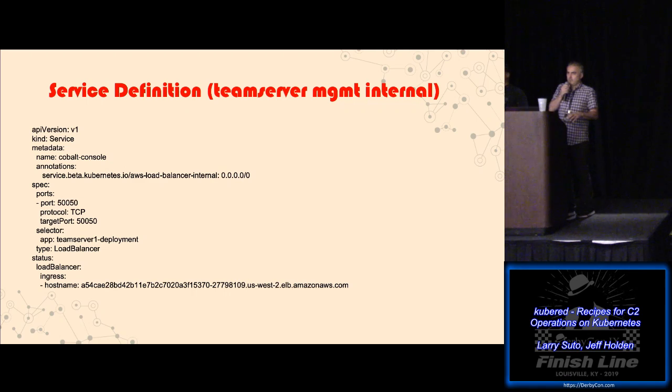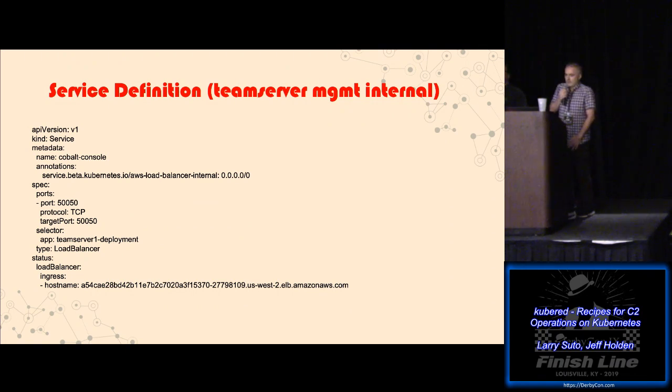Now I'm going to get into ingress controllers. This is a service definition. When you start up the team server, by default you have port 50050 for connecting to it, managing it, and creating the beacons. You probably want to make that private. Because the initial ingress controller we're going to talk about doesn't support non-HTTP/HTTPS ports, you're going to have to create a load balancer, actually not an ingress, for managing the team server.